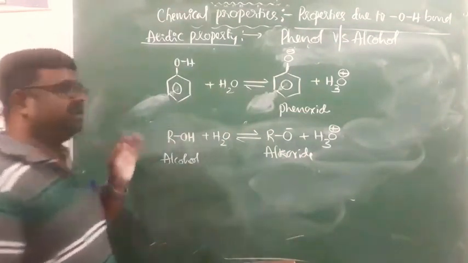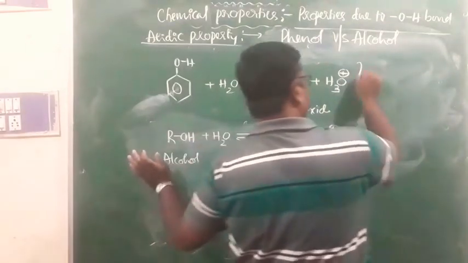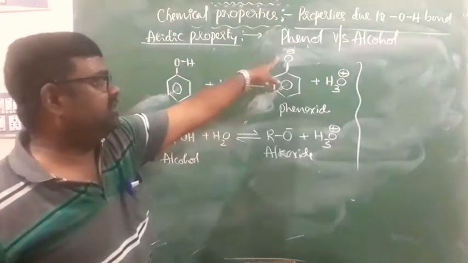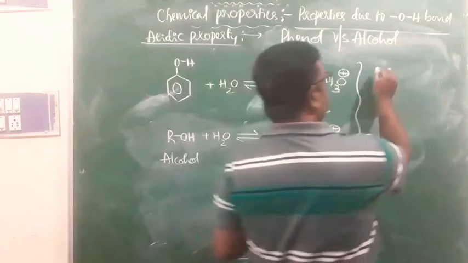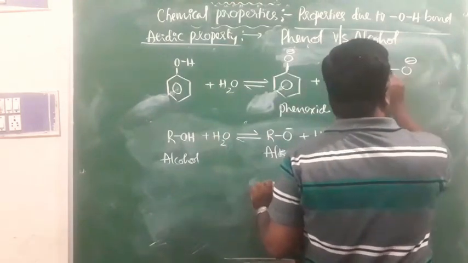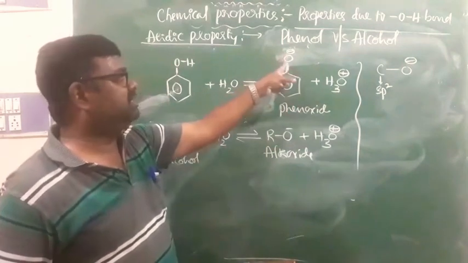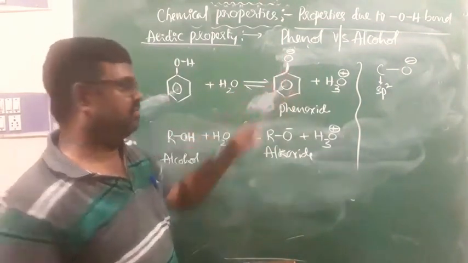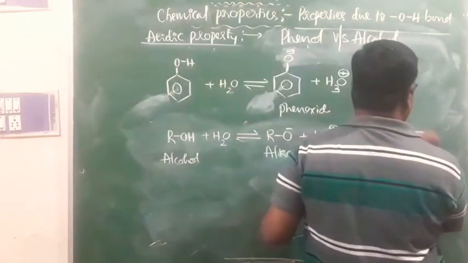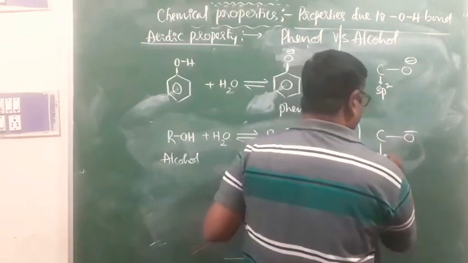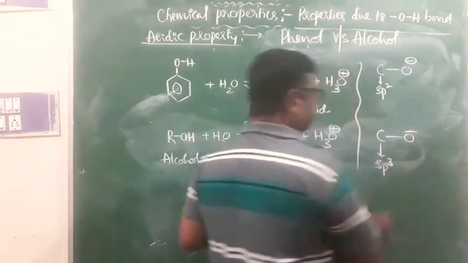One important aspect is that in the case of this phenoxide, the oxygen is directly attached to an sp2 hybridized carbon. In the case of alcohol, O minus is directly attached to an sp3 hybridized carbon.